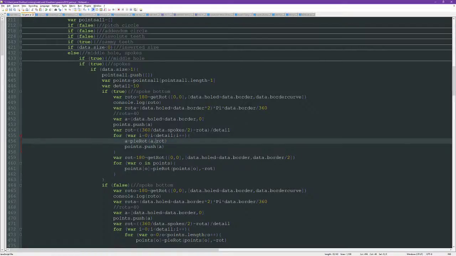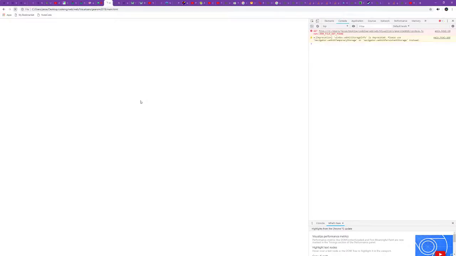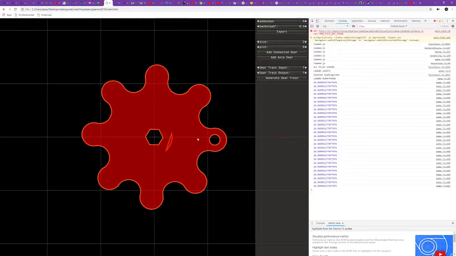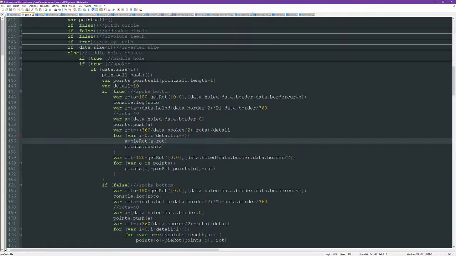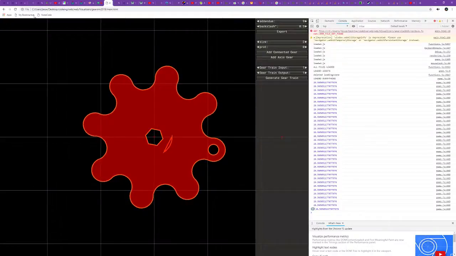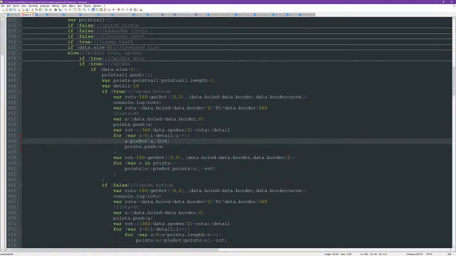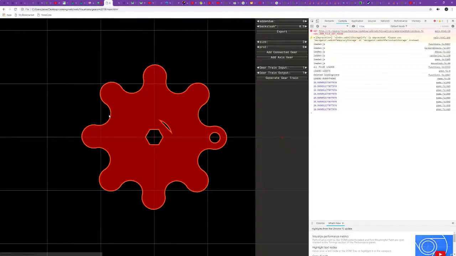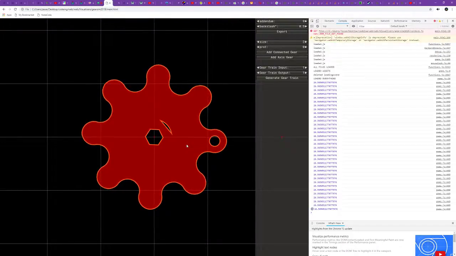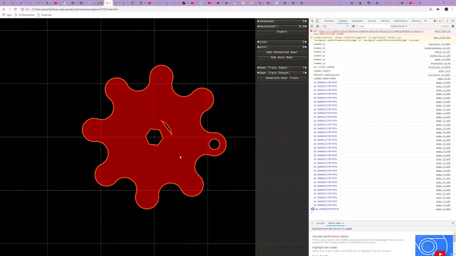Okay, what's not negative rotation? Okay. We got you back to the way you were before. What's going on? What is this?